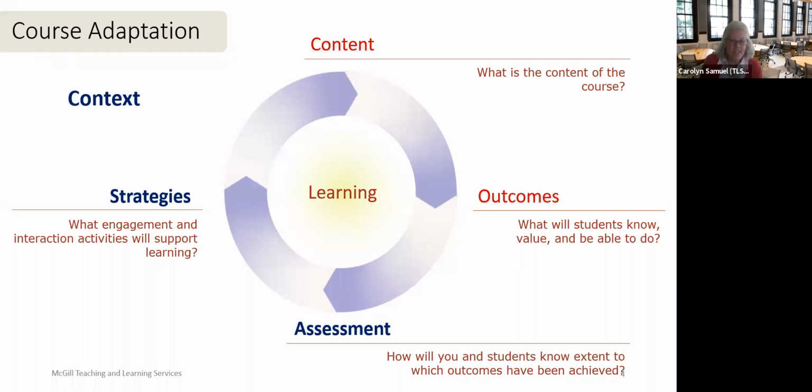We might have to change the assessments, and we might have to change some of our strategies. So that's what our webinars are going to focus on: how we can help you to understand the context, how we can help you adapt the assessment strategies, and how we can help you adapt the engagement and interaction strategies so that students can achieve the learning outcomes in your course.